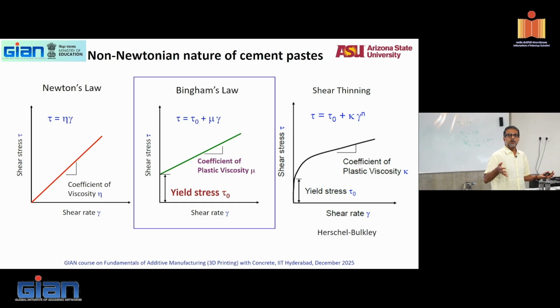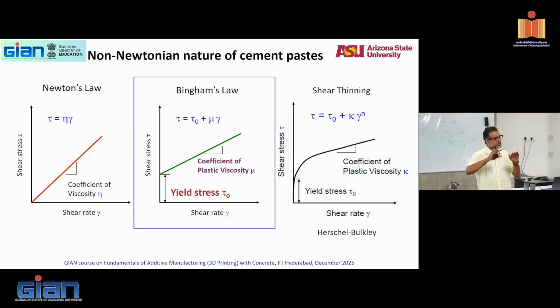Generally, flow more. Such liquids which will flow more when you increase the shear rate are called shear thinning. The shear thins out or the viscosity reduces as you increase the shear rate.